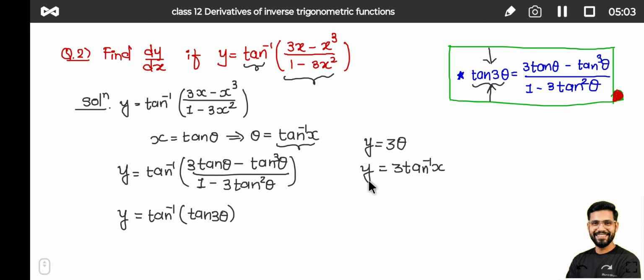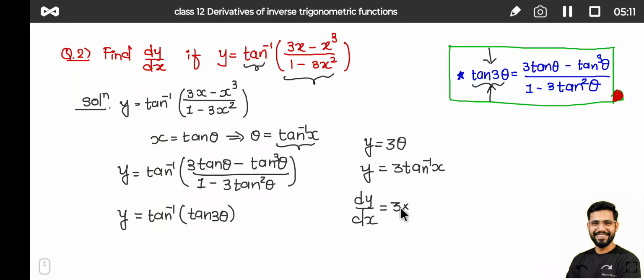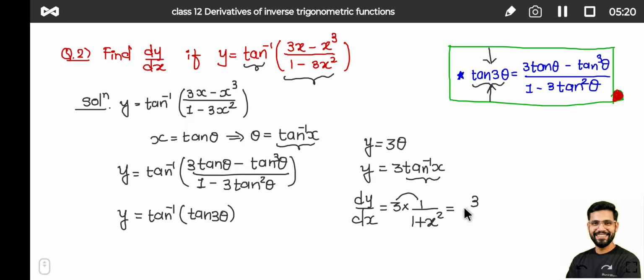Now we take the derivative with respect to x on both sides. The derivative of y is dy by dx, equal to 3 as it is, multiplied by the derivative of tan inverse of x, which is 1 upon 1 plus x square. Multiplying 3 into 1, we get 3 upon 1 plus x square. That's our final answer.